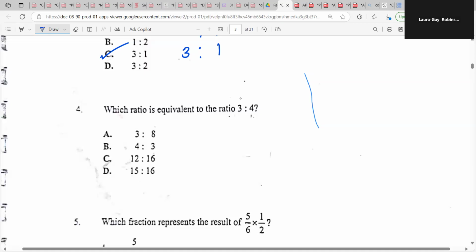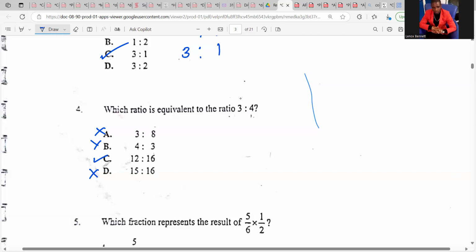But actually it's incorrect, sir, because the ratio 3 to 4 is simplified by some certain numbers. So A would be crossed out, B would be crossed out, D would be crossed out. So C is left, and that's what I selected.